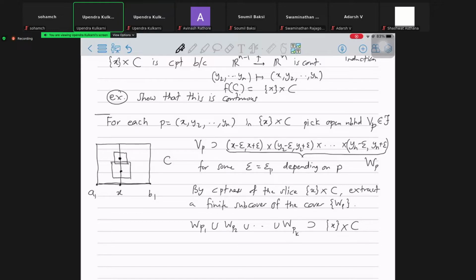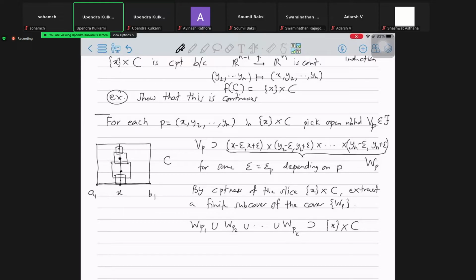But now I have taken a finite number of such boxes. So over here also there is some box. Over here there is some box. And all of these boxes cover the slice. But there are finitely many of them.